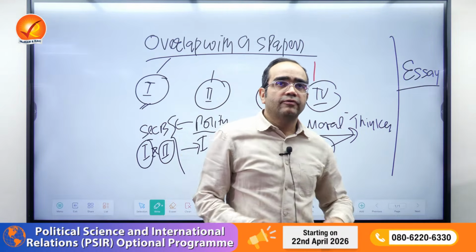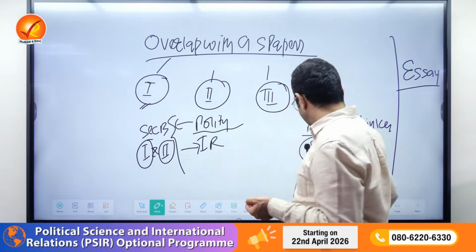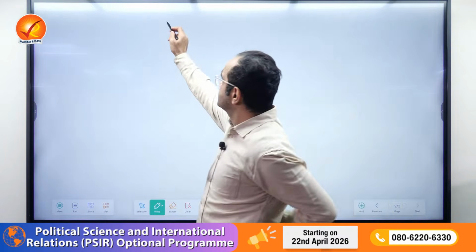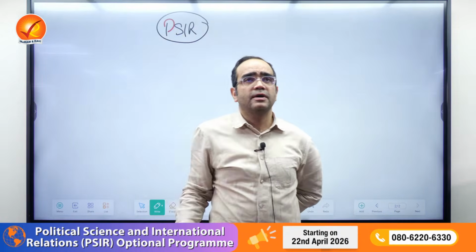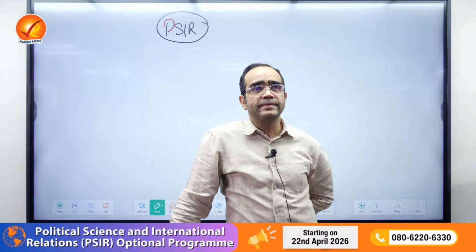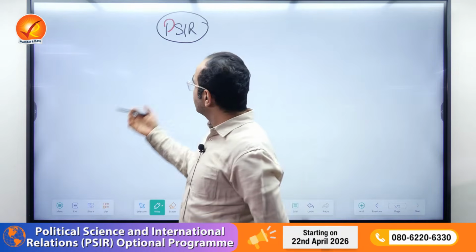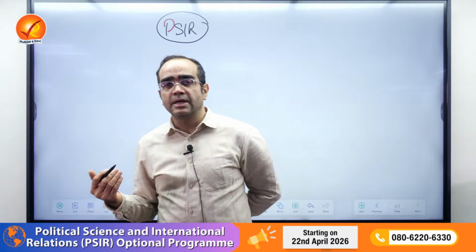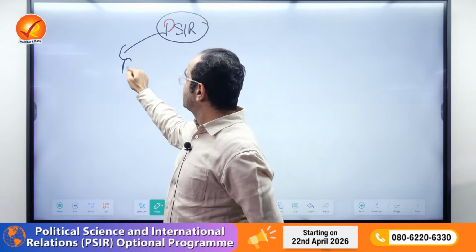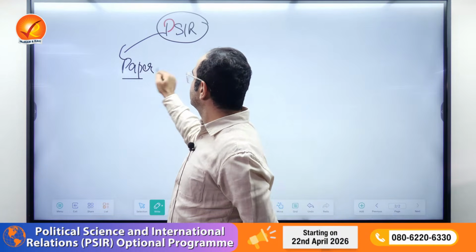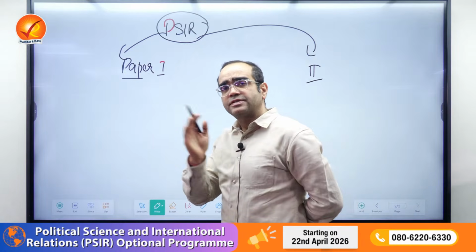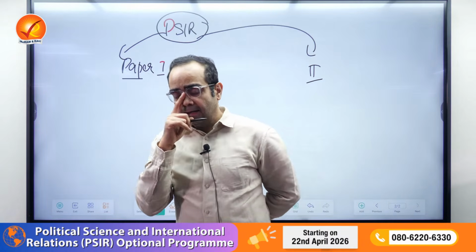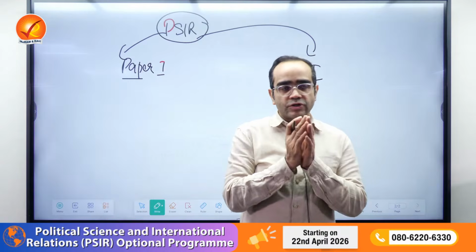Now I will focus on the description of the syllabus. All of you online students, for your reference we have uploaded the syllabus also, you can see, okay. And like any optional paper, this is divided into paper 1 and paper 2, and both these papers have section A and section B, and in the same way question papers are asked.